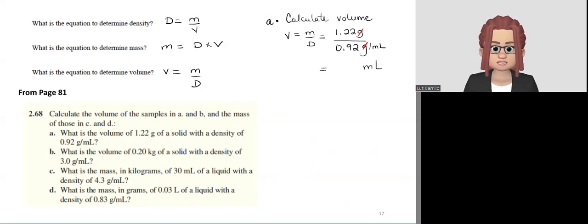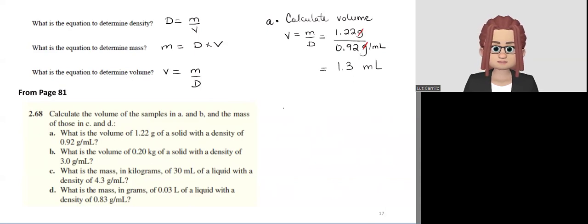If you determined that you need two significant figures, you're correct. This measurement has 3. This measurement has 2 significant figures. So our final answer needs to be rounded to 2 significant figures. So the volume of this sample is 1.3 milliliters.